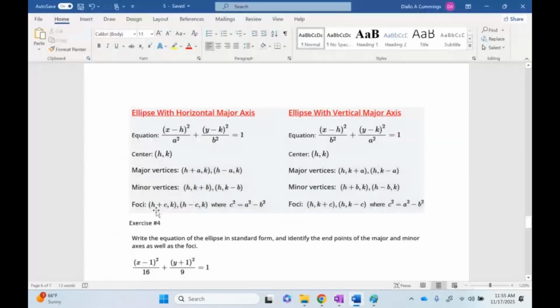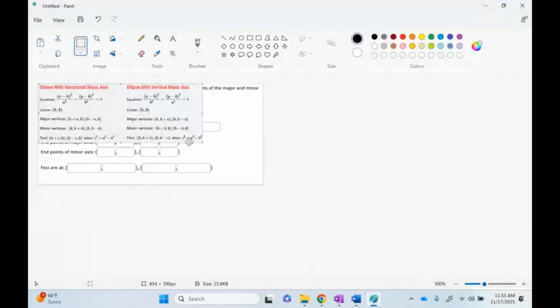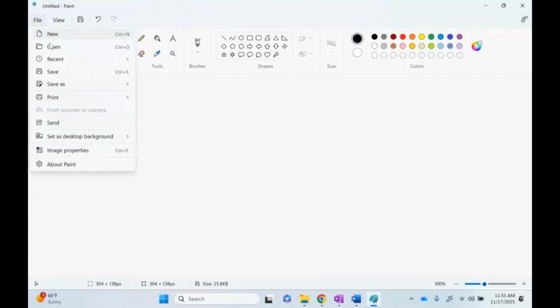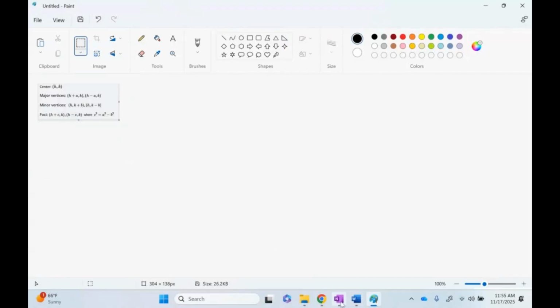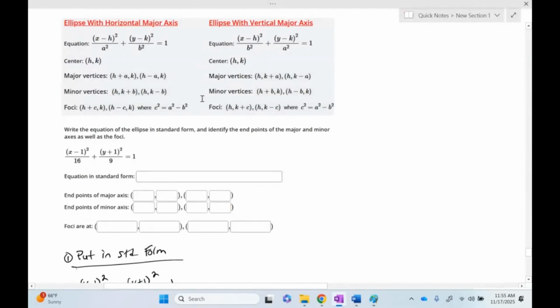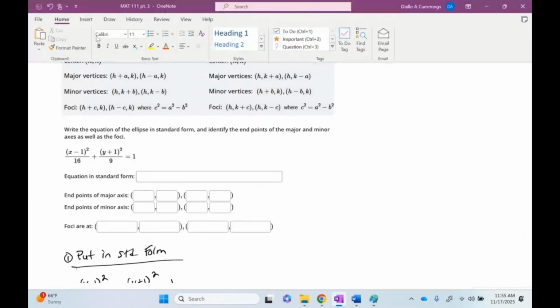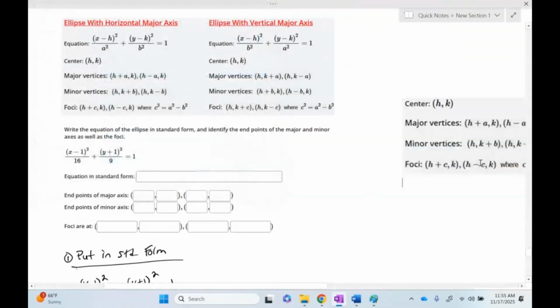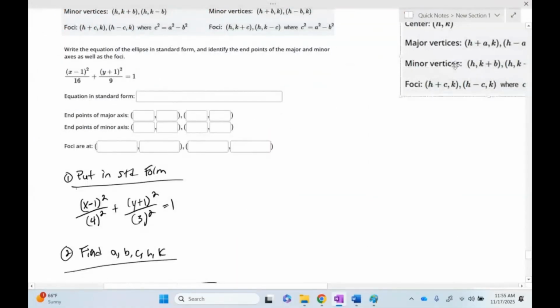I am going to copy that little piece to save some writing.